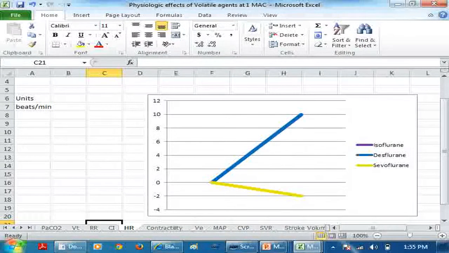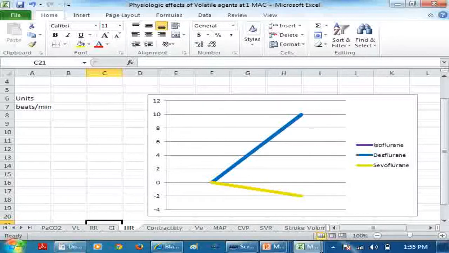And does heart rate influence cardiac index? Yes, it does. Absolutely. Look at this. SEVO and ISO is behind it. It's in there. It just fell behind it. It drops at 1 Mac the average heart rate by about 2 beats per minute. Not a lot, but it drops it. Then you look at DES.